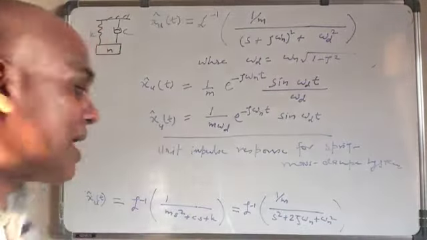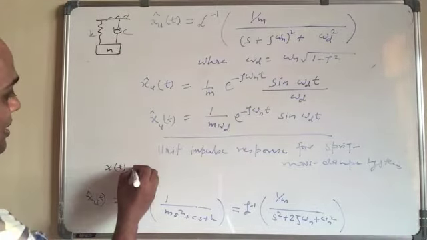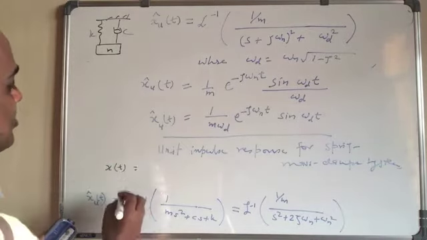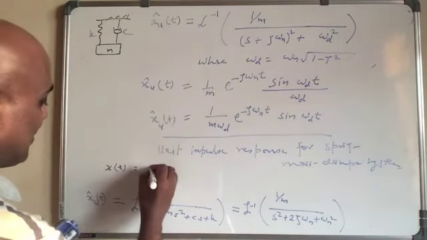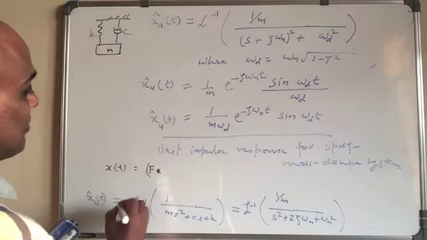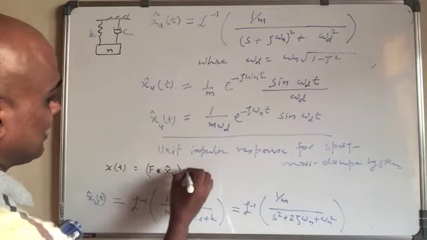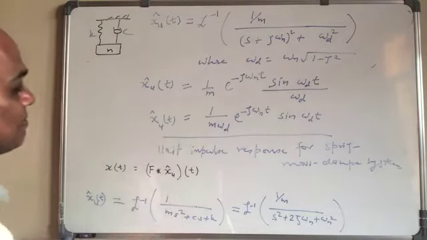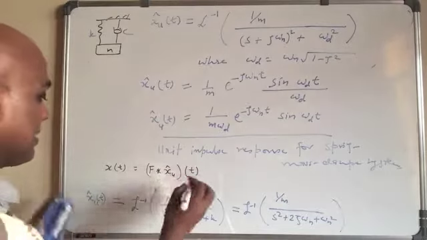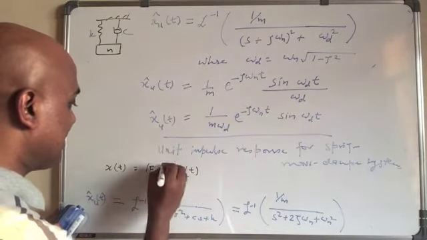What I mean to say is you can write simply x of t equal to the convolution of f with x hat u of t, where x hat u is given here.